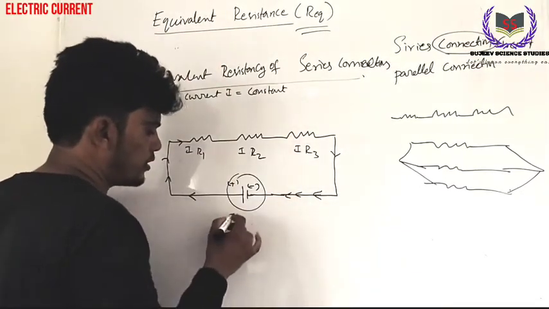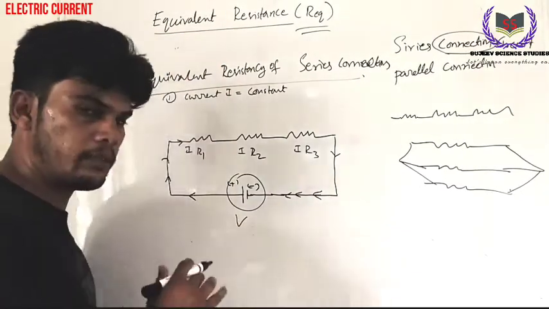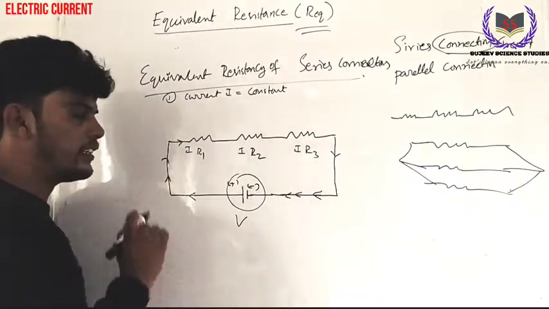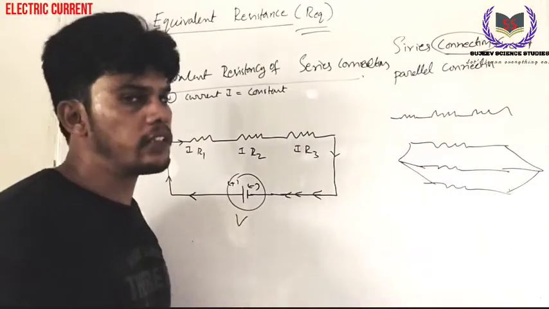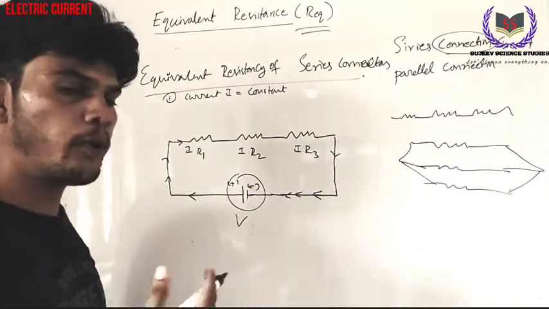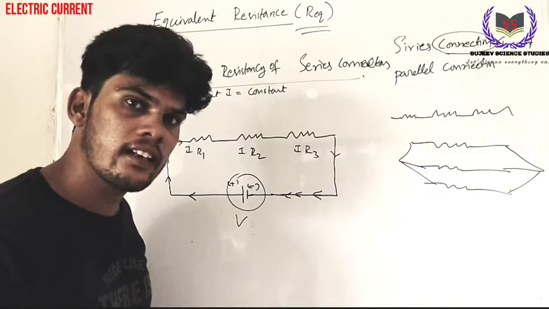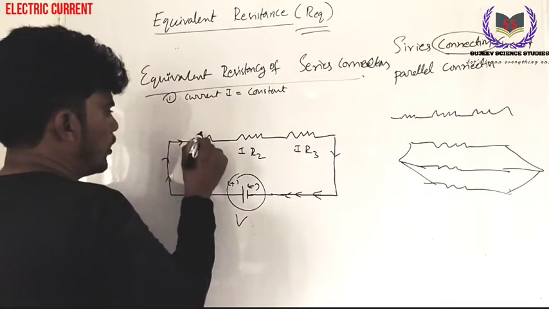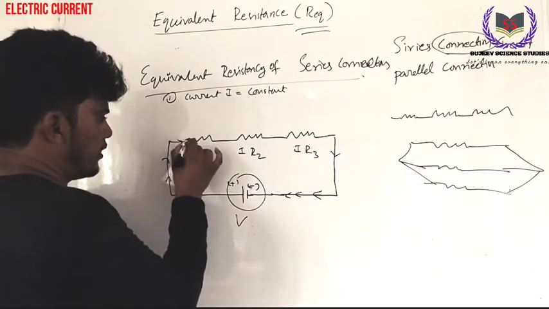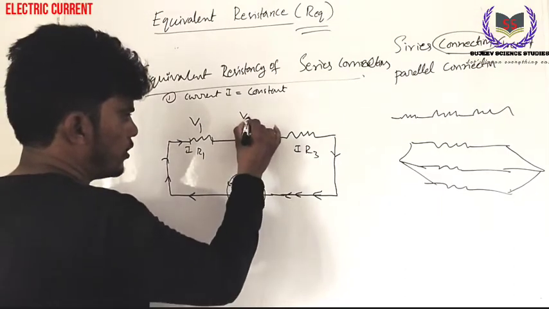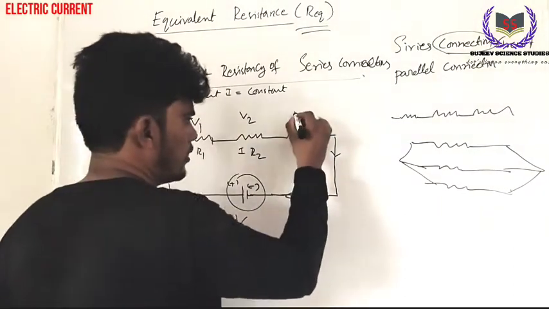Then I connected a battery. This battery voltage is V. When we pass electricity, it is only possible with a potential difference. The flow of electricity is only possible with a potential difference. The potential difference is also called voltage. So the voltage at the first resistor is V1, at the second resistor V2, and at the third resistor V3.